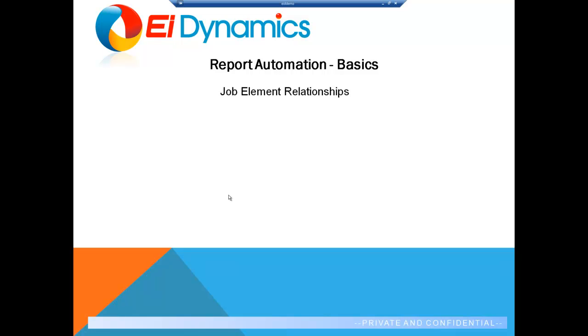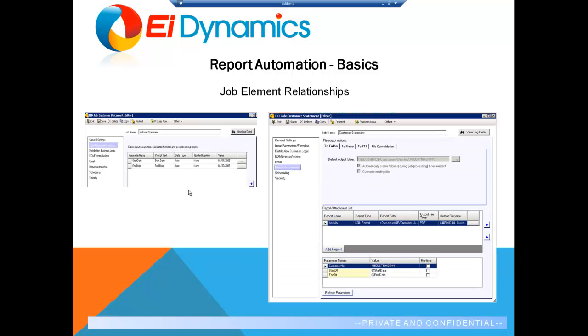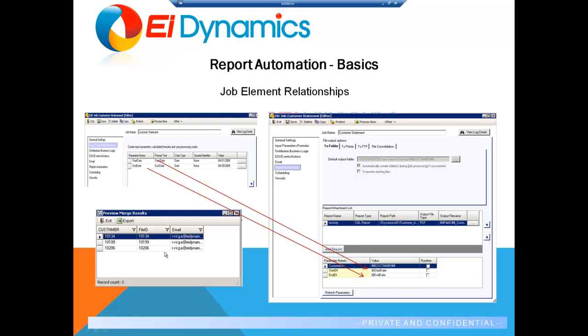So when we set up a job, we've already talked about setting up our parameters, and if we relate that over here to when we get to, I haven't covered it yet, but when we set up the screen for setting up our report, we're going to be using those parameters in the context of the report. We're also going to be using information that comes from our distribution query in the context of the report as well.